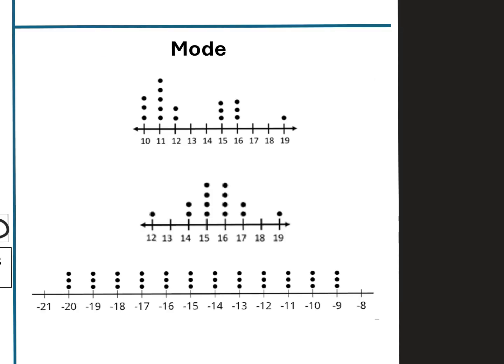Our last measurement that we have on this handout is the mode, and the mode is the number that occurs most often. So don't confuse it for the maximum, because it's not the maximum. It's the number that turns up the most frequently in the data set.